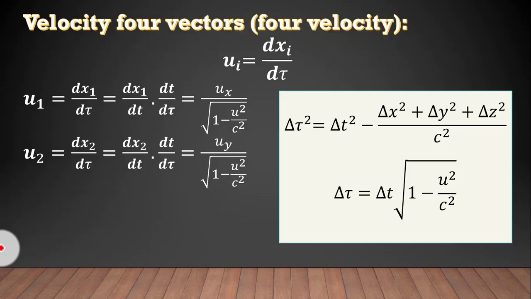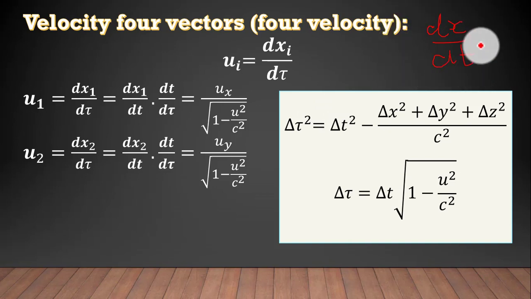Now we can go a little further, and we will be discussing velocity for 4 vectors, considering the simple example of a velocity 4 vector. As you know, in 3-dimensional space, if we have to calculate the velocity of any particle, suppose the coordinates are x, y and z, then the component of velocity along the x direction will be dx by dt, along the y direction dy by dt, and along the z direction dz by dt.